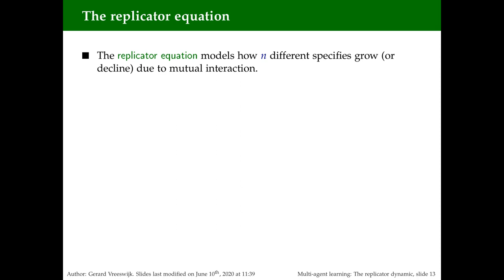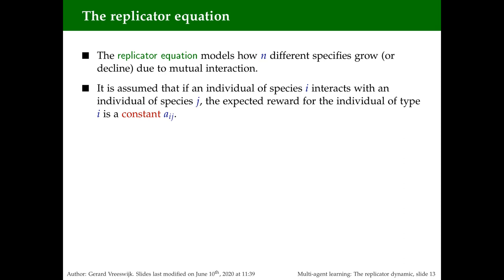So the replicator equation models how n different species grow or decline due to mutual interaction. It is assumed that if an individual of species i interacts with an individual of species j, the expected reward for the individual of type i, so the row player, is constant. So for the programming assignment you have to compute the ground table. What this means for the programming assignment is that you have to compute this number only once.